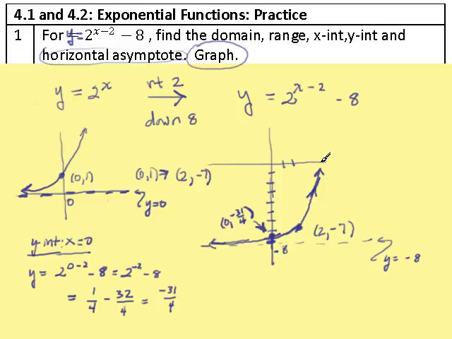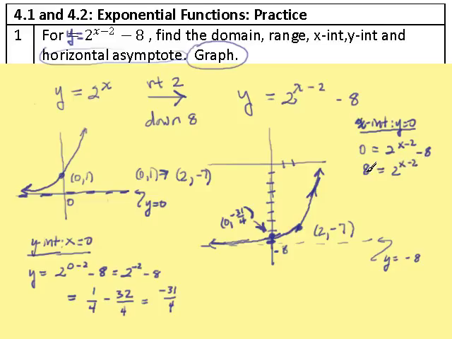All right, what about the x-intercept? Let's figure that out. To find the x-intercept, we set y equal to 0 in this equation. So we have 0 is equal to 2 to the x minus 2, minus 8, or moving the 8 over, 8 is equal to 2 to the x minus 2.